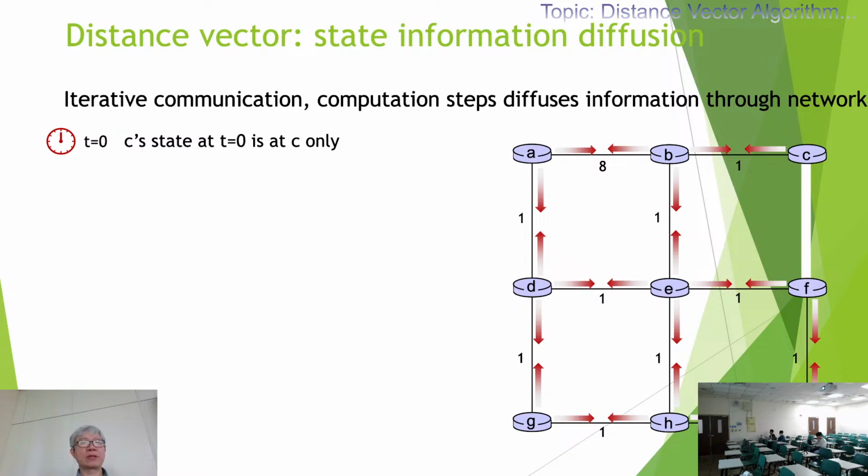Therefore, this update says we have state information diffusion. Even right now, we don't talk about AI, still, we have the state information diffusion. Using update, if we have any information update, then we will diffuse the state information to our neighbors.